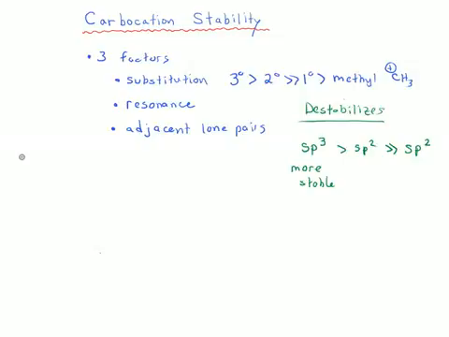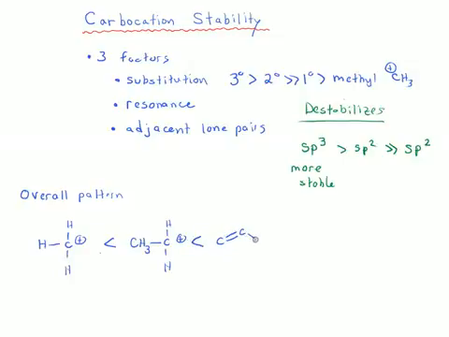So let's just draw it out overall. The overall pattern goes something like this. You're going to have CH3 at the bottom. This is the methyl, and this is less stable than primary. And then this is going to be less stable than what we call allyl.